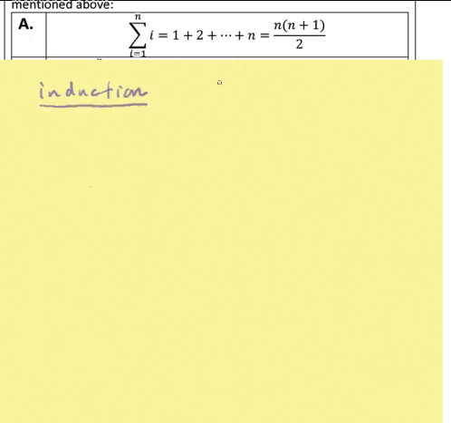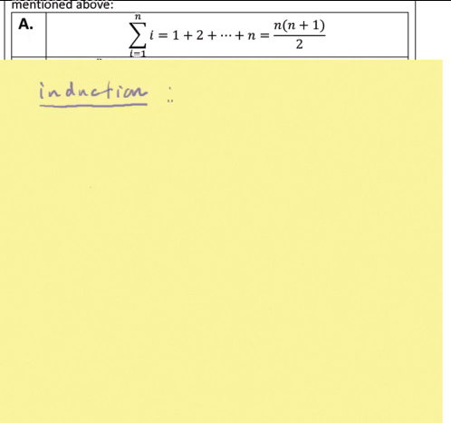If we have a formula that involves n, where n is an integer, and if the formula is true for all the values of n, let's say from 1 and up, then sometimes it can be proven using this method called induction.